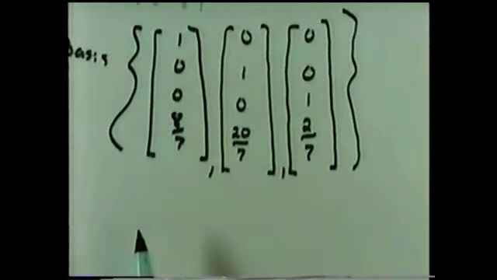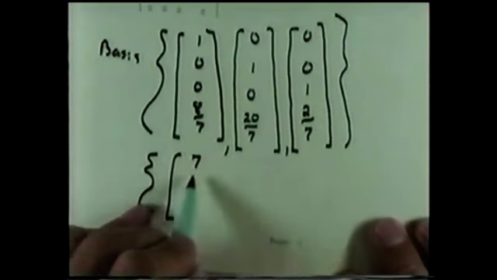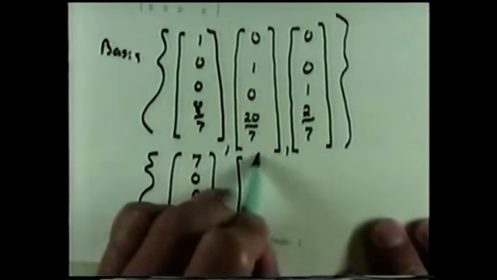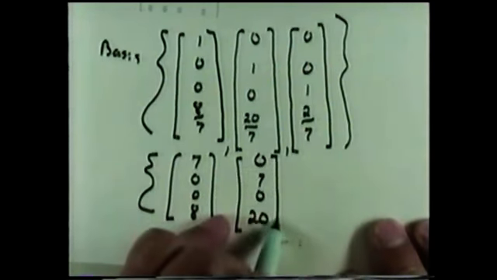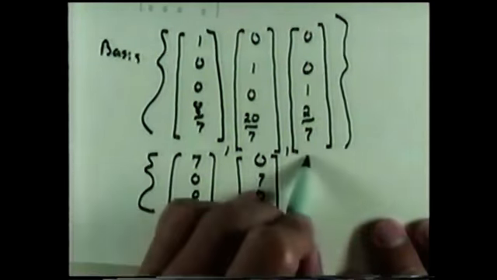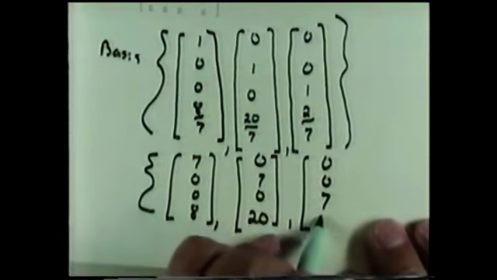Or since we're talking about a linear combination and you'd be multiplying by constants anyway, I could write it as (7, 0, 0, 8), (0, 7, 0, 20), (0, 0, 7, 2).